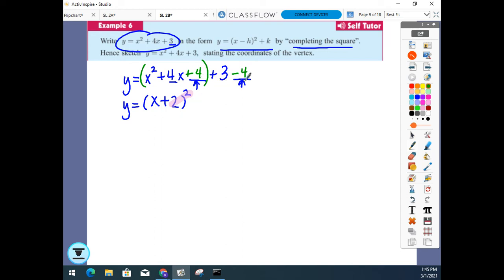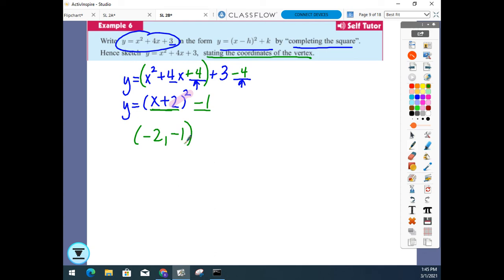But then I can combine these together to get -1. Now it's in vertex form, so I can find the vertex, stating the coordinates of the vertex. So my vertex is -2, the value that makes this 0, and -1, this is my y coordinate.